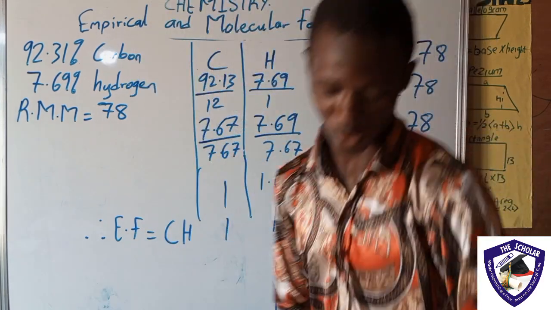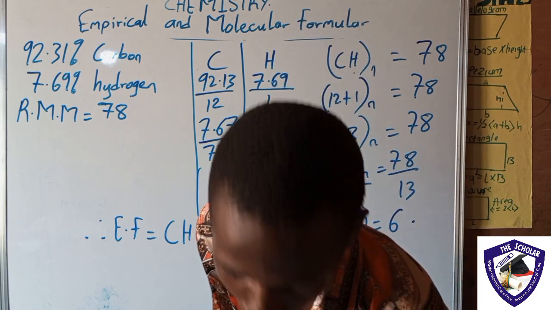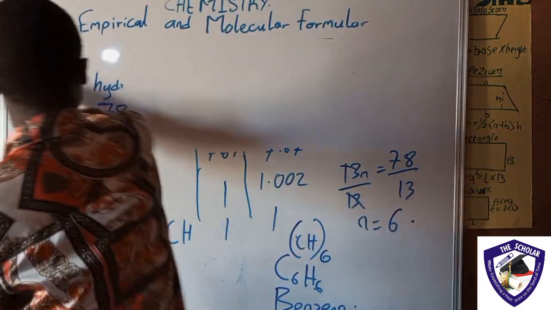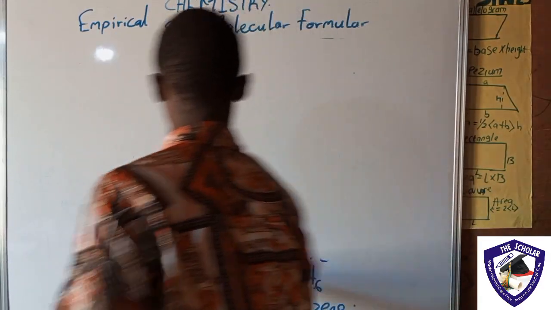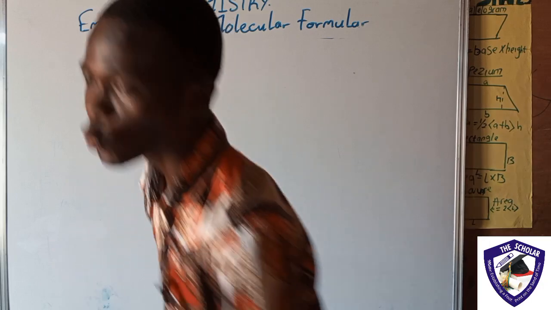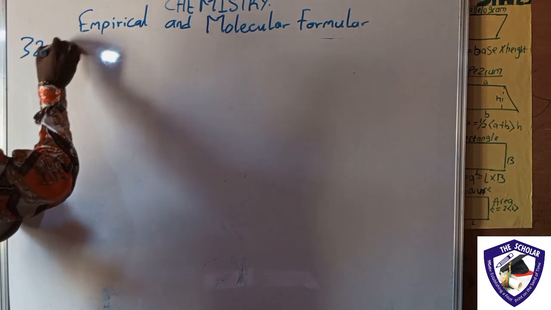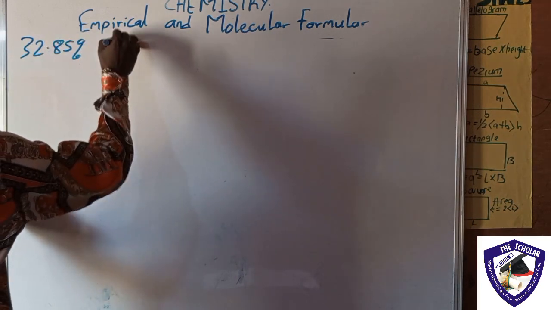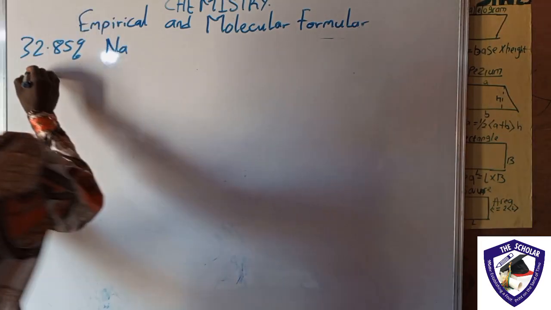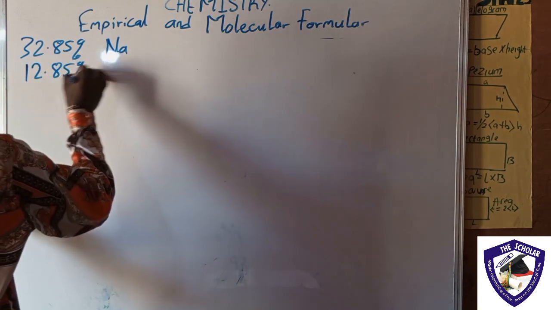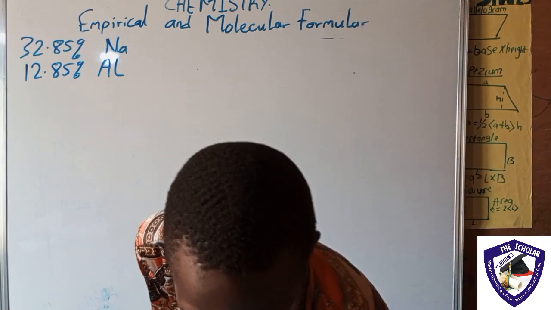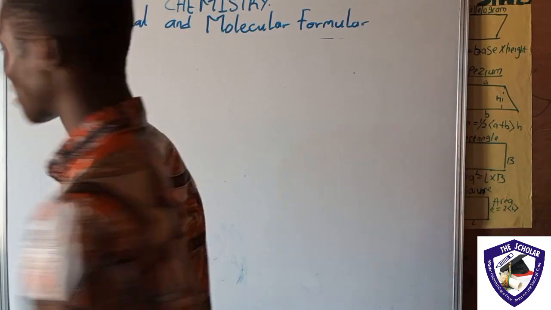Now let's take this question. What is the molecular formula of cryolite, if it contains 32.85% sodium, 12.85% aluminium, and the rest contains F by mass.